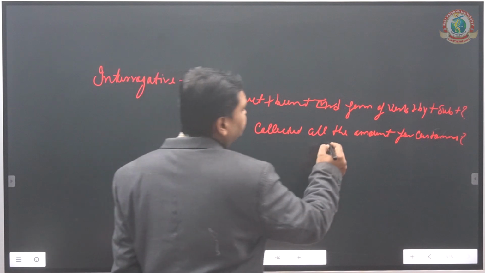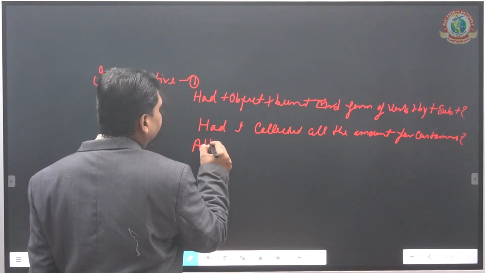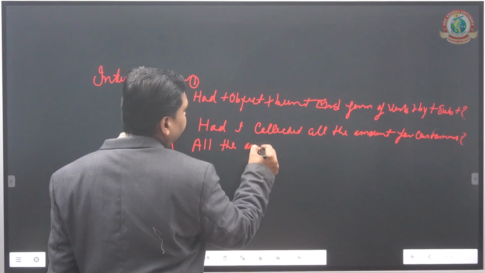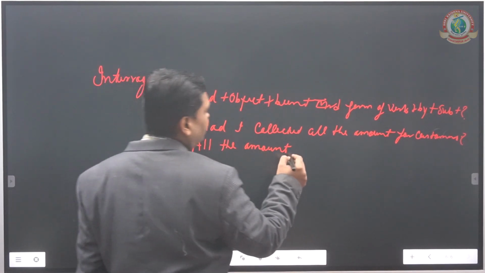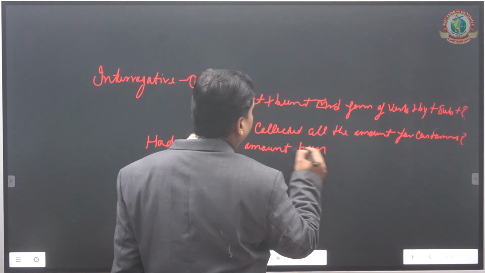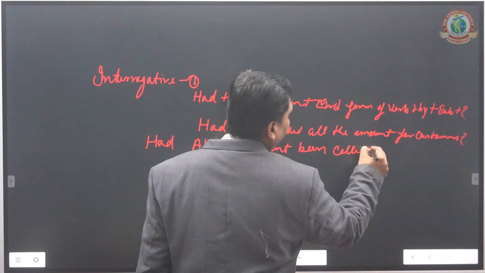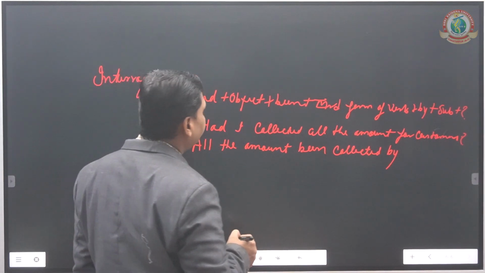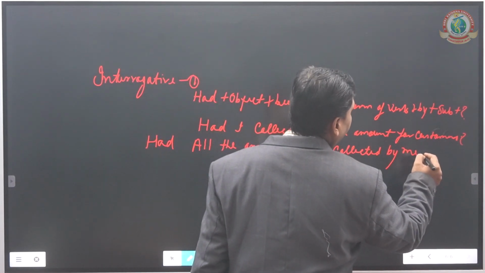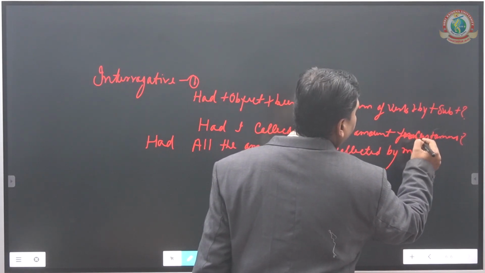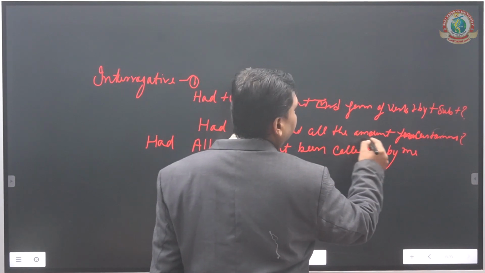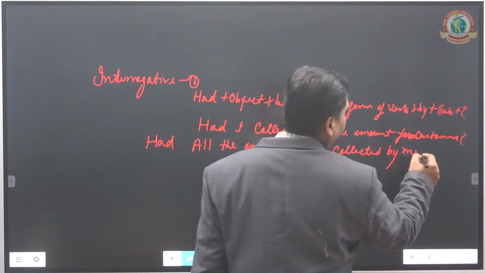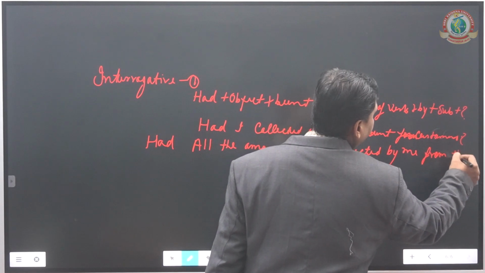What is the object? The object is all the amount. First of all we would put had: had all the amount been collected by me from the customers.